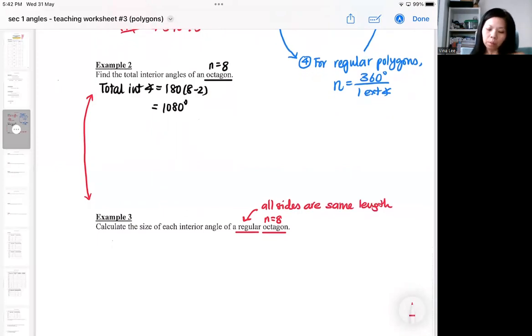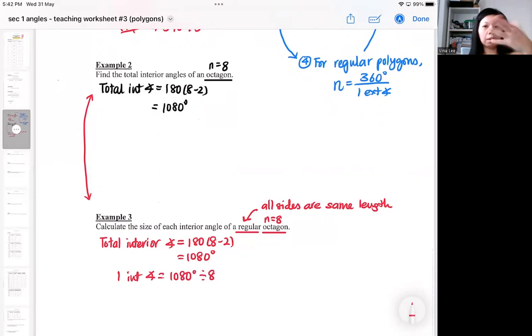During the exam, you have to present the total interior angle first, so you do the same thing as example 2. And you are looking for one interior angle, so you need to divide by 8, knowing that an octagon has 8 sides. So there are 8 of them. You show the total interior and then you divide by 8.